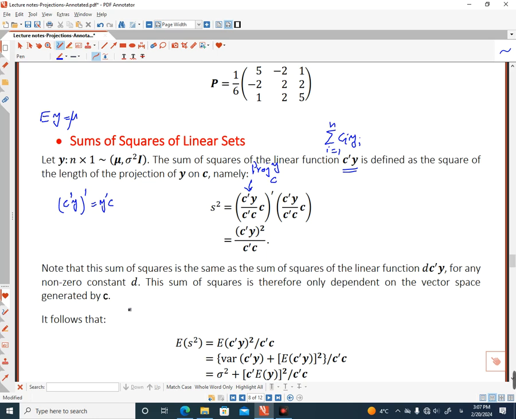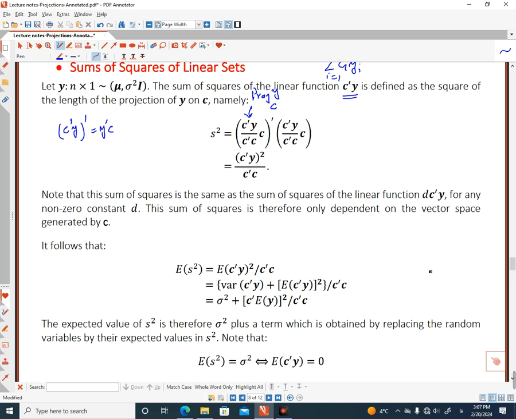This is actually the sum of squares, the same as the sum of squares of linear functions d c prime y. Why d? Because if you consider the sum of squares of a coefficient times any non-zero constant, it will be in the numerator and denominator, and it vanishes. So this will be the same.